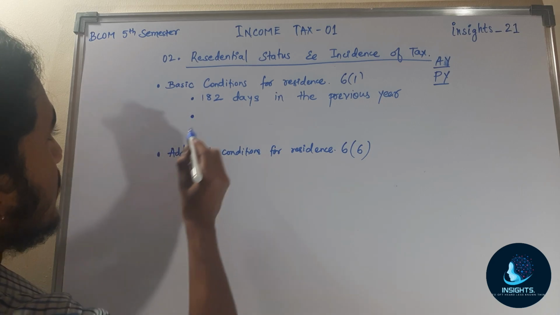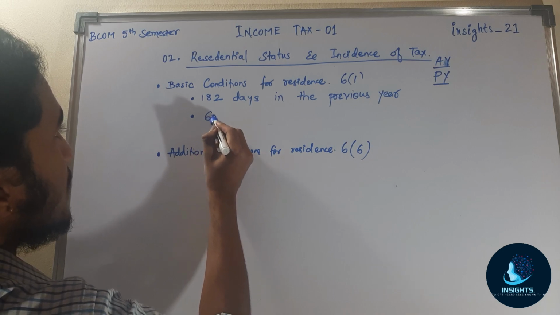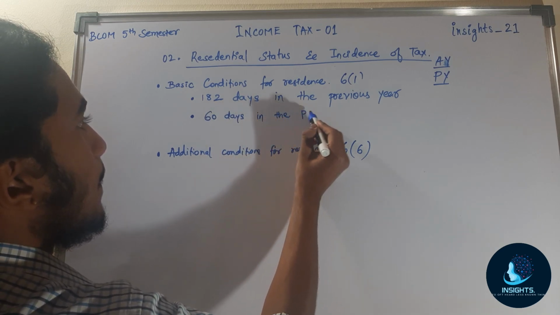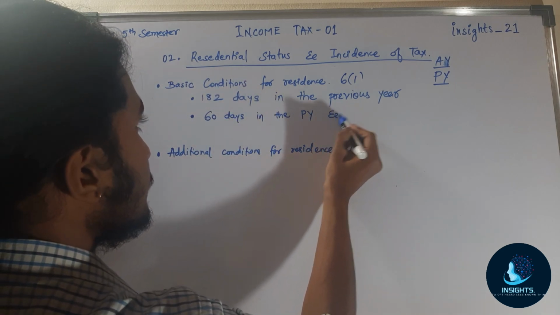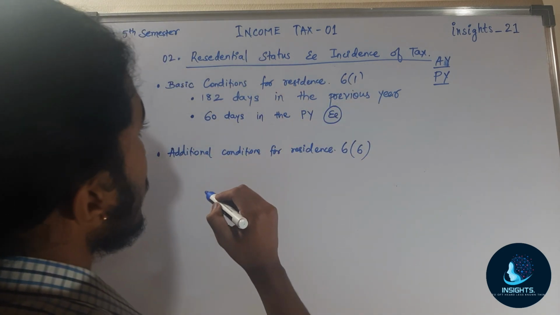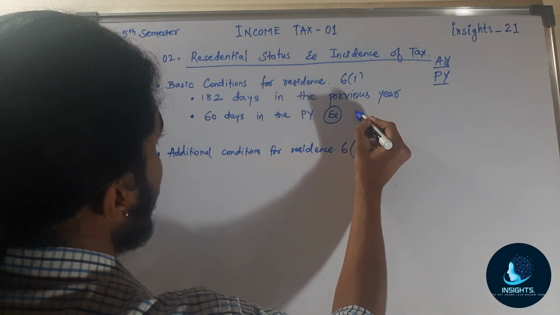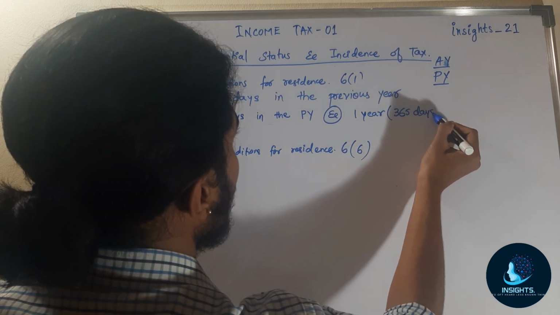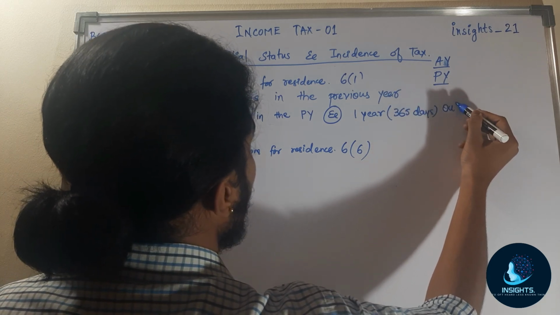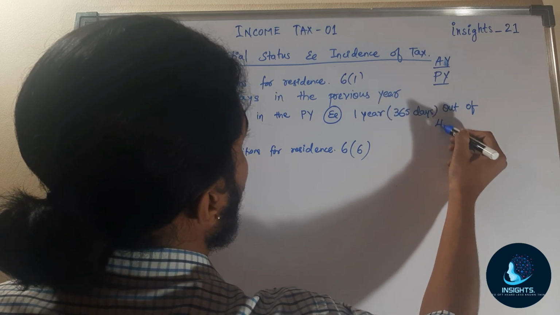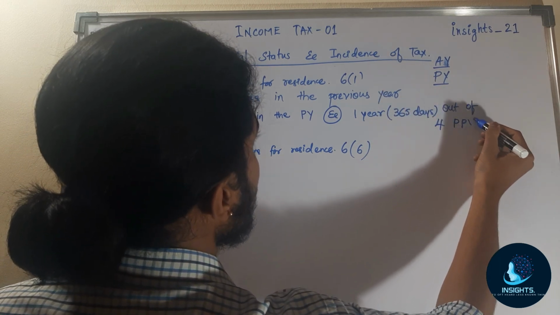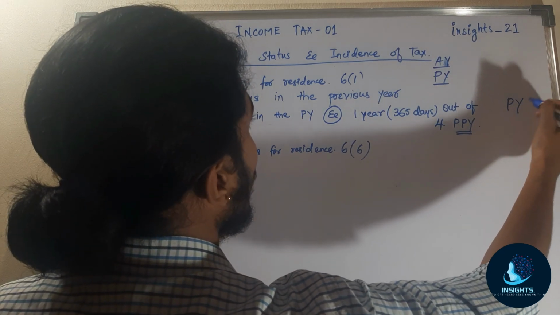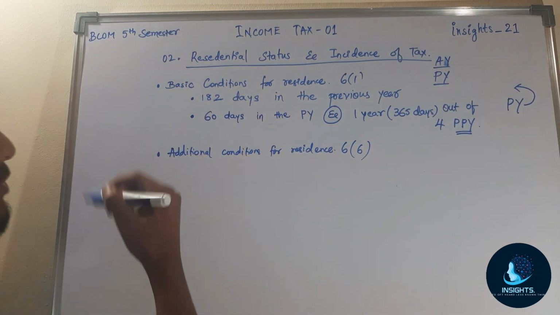The second condition is that you should have stayed a minimum of 60 days in the previous year, and this is not 'or', this is 'and', he should have stayed 1 year, that is 365 days, out of 4 preceding previous years. The preceding previous year is a year before the previous year.